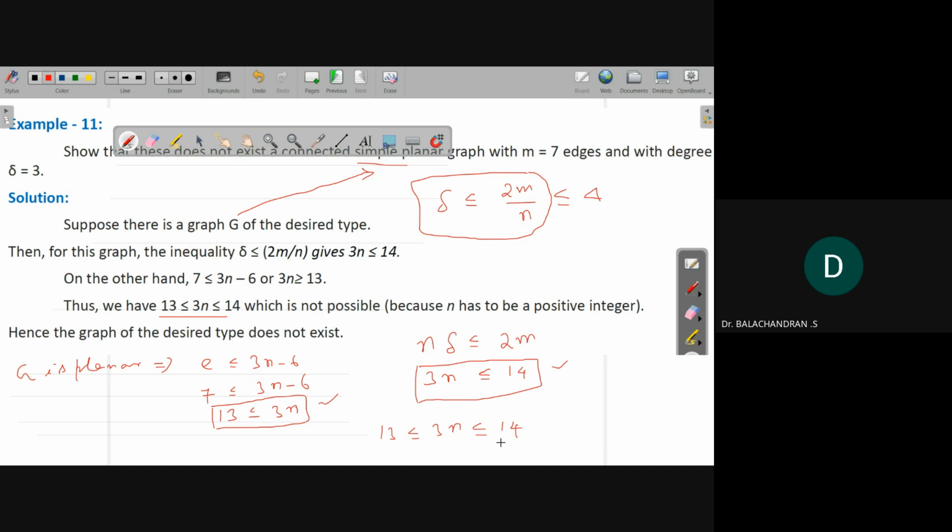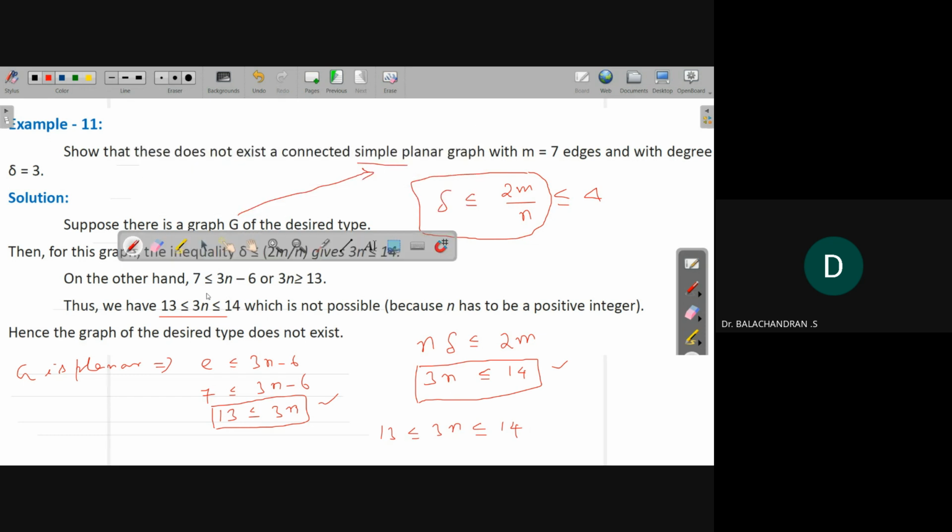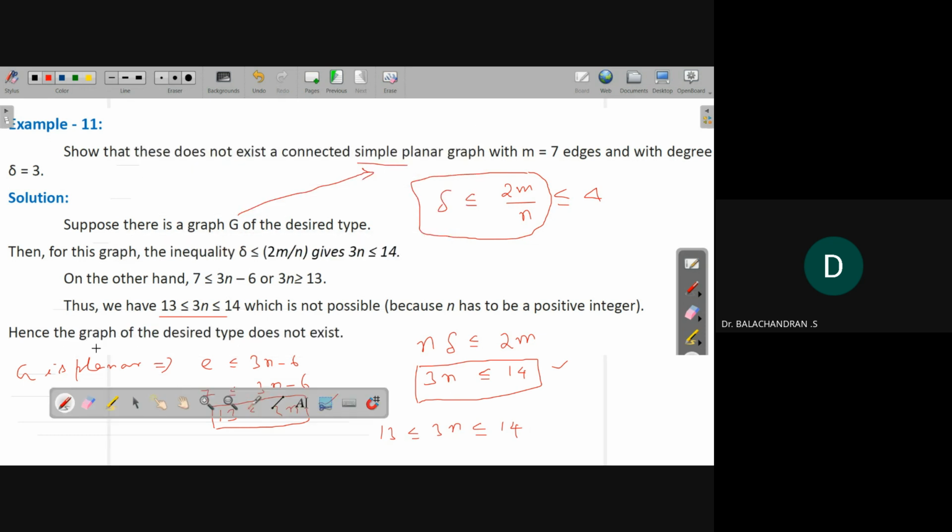It is not possible because 13 and 14 are two consecutive positive integers. So we cannot find a positive integer n such that 3n lies between 13 and 14, and hence the graph of the desired type does not exist. That's all.